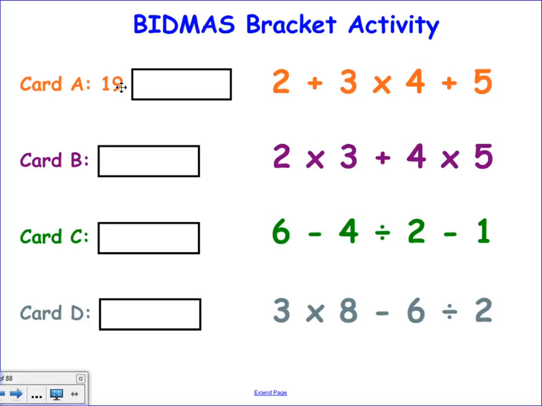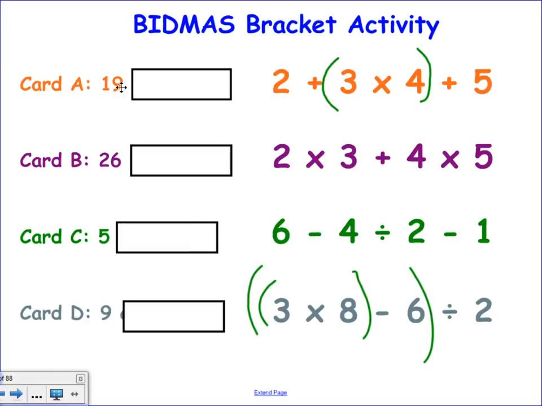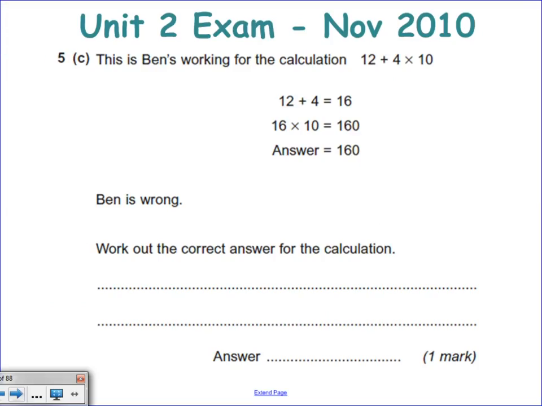Don't be frightened of marking the cards if you want to. So what I'm after for this particular problem is that. So you're forcing it, because you're using brackets, to do 4 times 3, which is 12, plus 2, 14, plus the 5, 19.